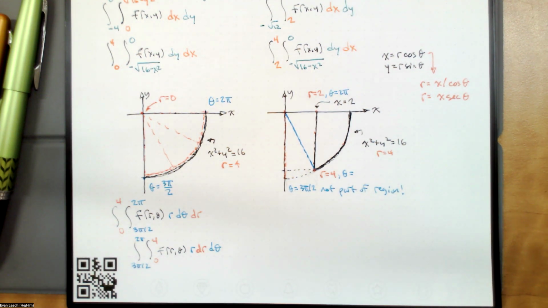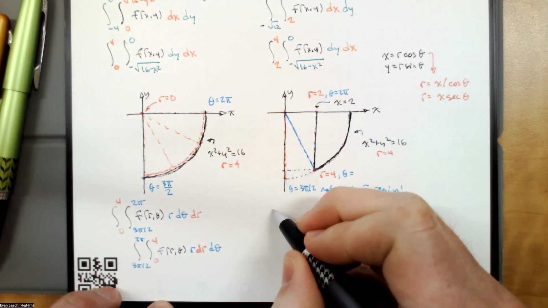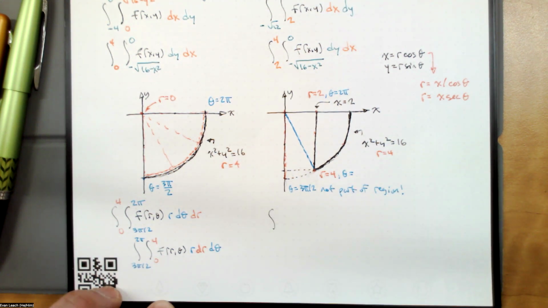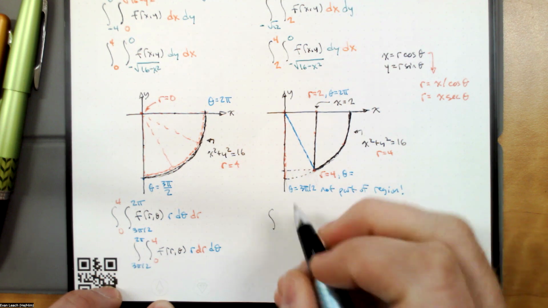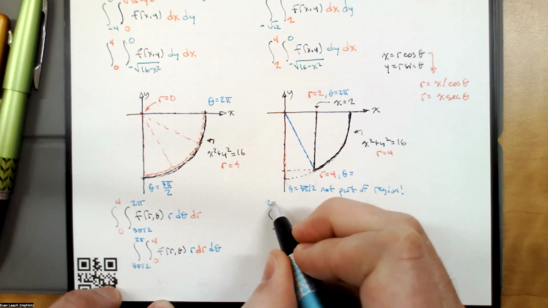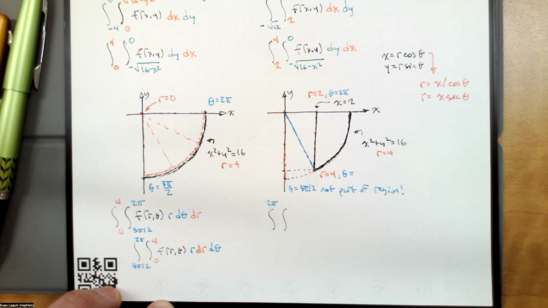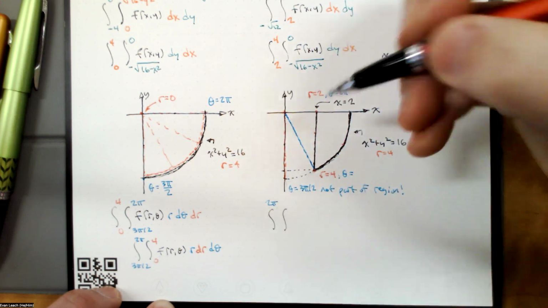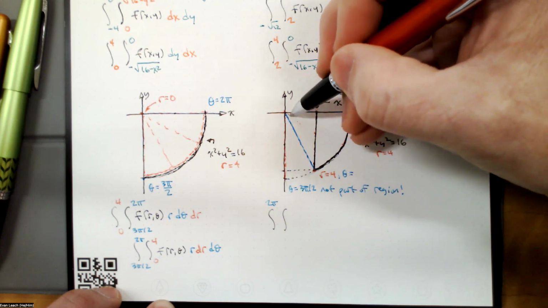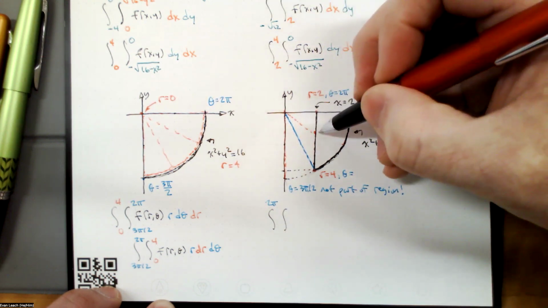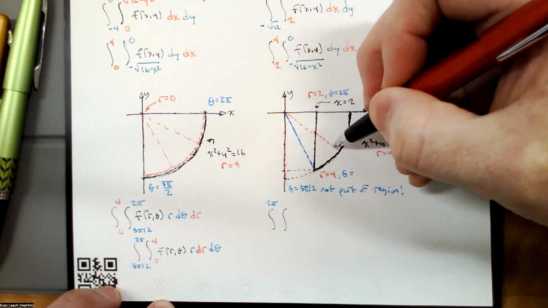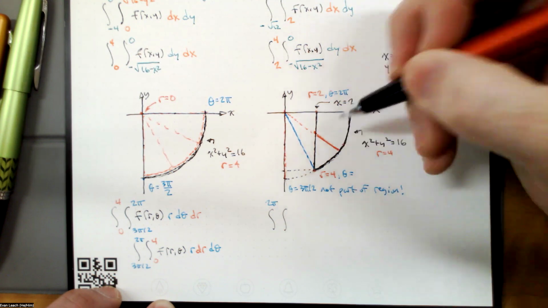One thing to note is that I want my theta to be the last integral because theta is between constants. So I'm going to go theta from this value down here up to 2 pi, while r, for a typical value of theta, will start at the line and end at 4.